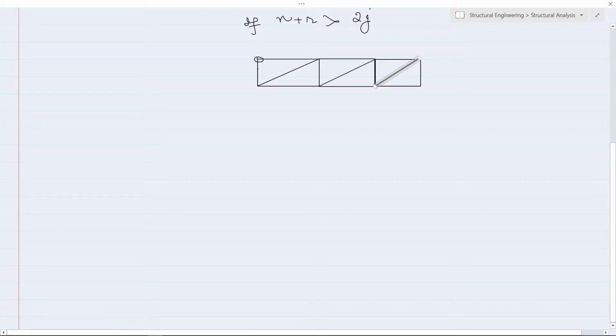And of course these are all pinned connections.